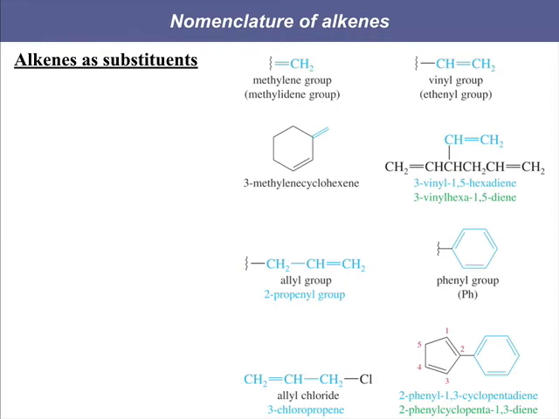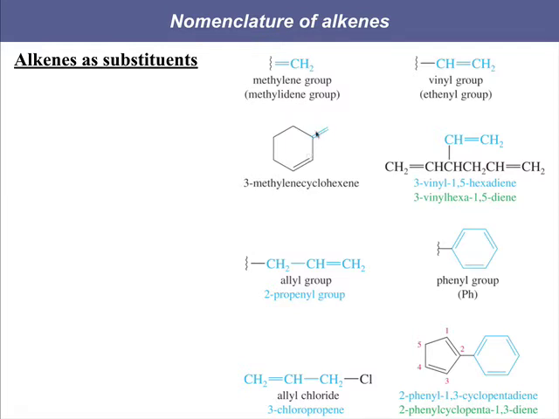Here are some examples of structural elements where it makes sense to name an alkene as a substituent rather than as being part of the main chain. For example, look at this structure here. Notice that we've got a 6-membered ring with a double bond on it. So this is a cyclohexene ring.